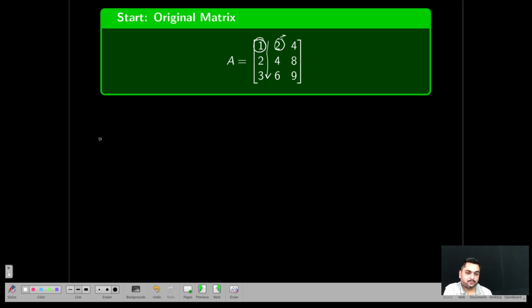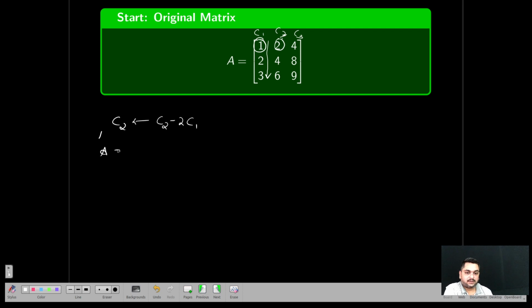How will I make it 0? If I take C2, column 2, see this is column 1, column 2, column 3. Now we are not dealing with rows, because we are following column echelon form. So C2 will be C2 minus 2C1.